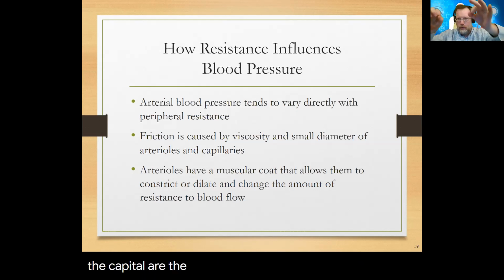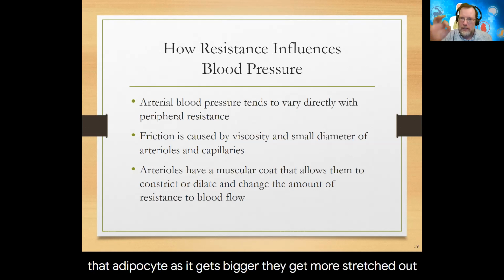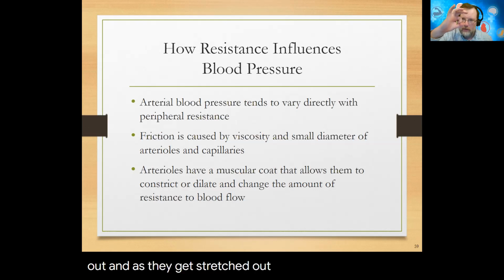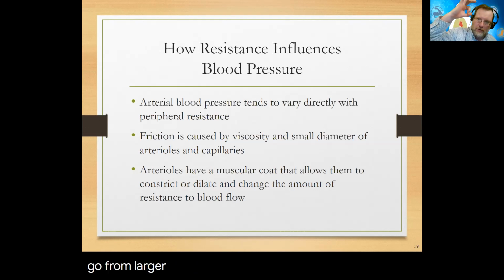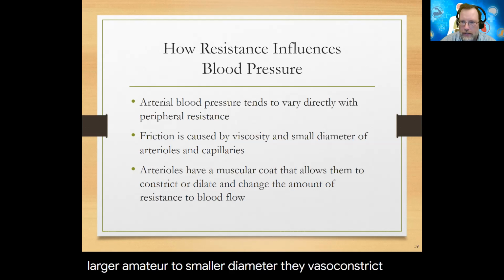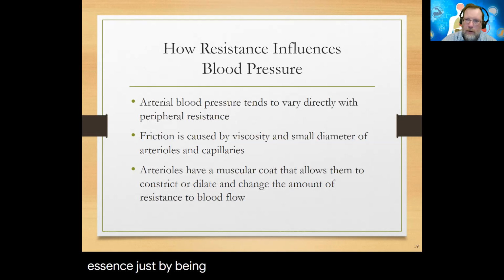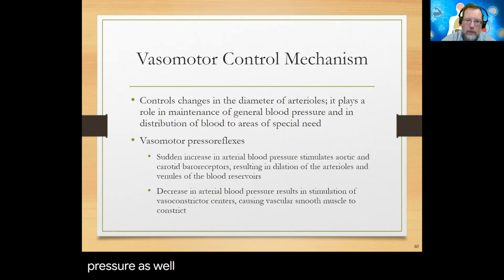The little tubes around that adipocyte get more stretched out as it gets bigger, and they go from a larger diameter to a smaller diameter. They vasoconstrict, in essence, just by being stretched out. That causes an increase in blood pressure. So we relate obesity with higher blood pressure as well. This is one of the reasons why.